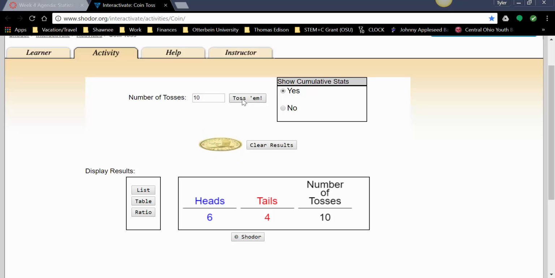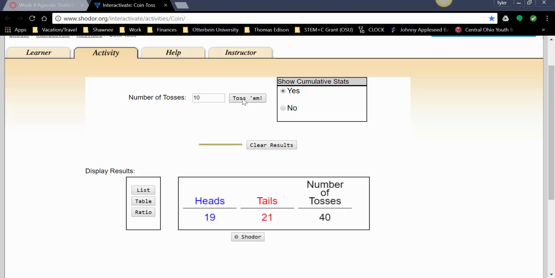Now we're at 20. So the probability of getting heads, 10 out of 20, is the theoretical probability that we would expect. If I click toss them again, we get 14 out of 30. We'd expect 15 out of 30 theoretically. If we click toss them again, we get 19 out of 40.